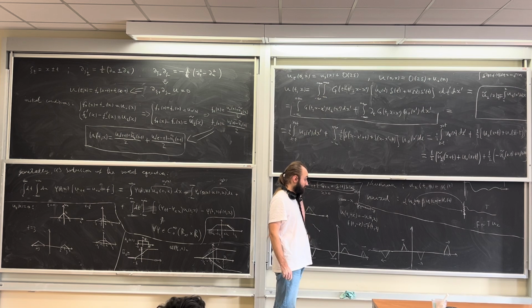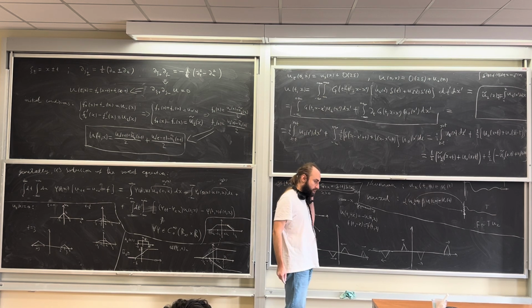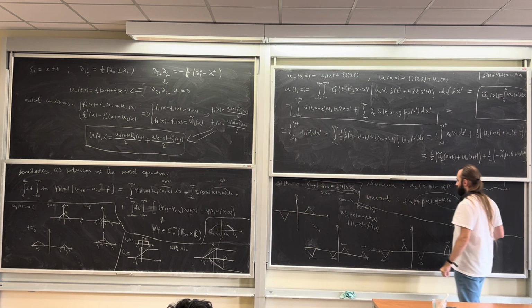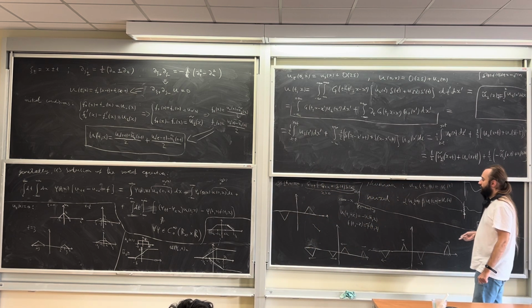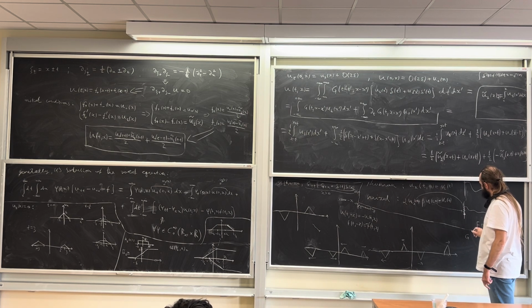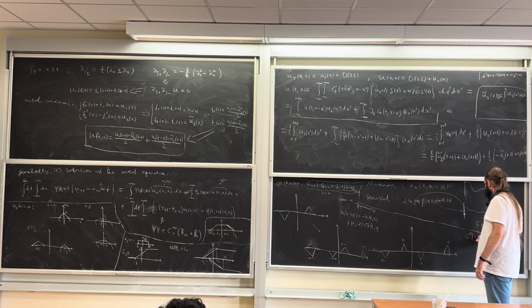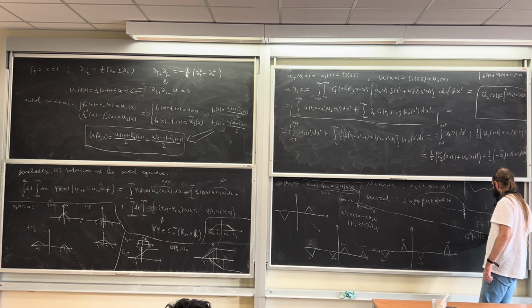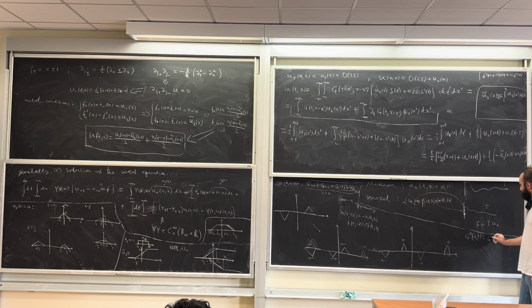So it means that the Green function on a half line for this case, for Dirichlet boundary conditions, G Dirichlet of x and t equals G of x and t minus G of minus x and t.